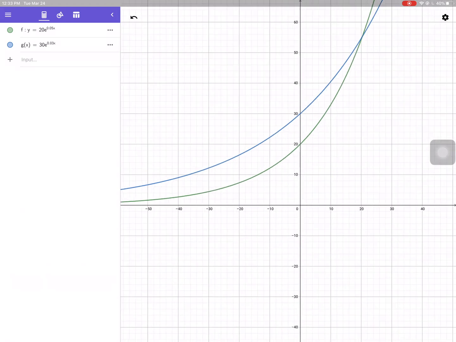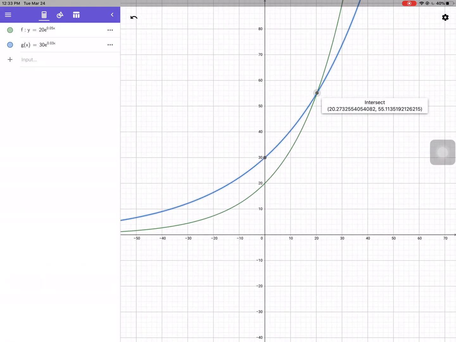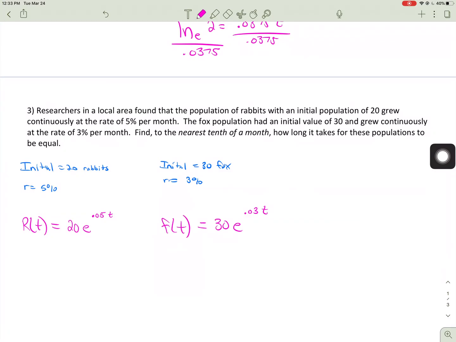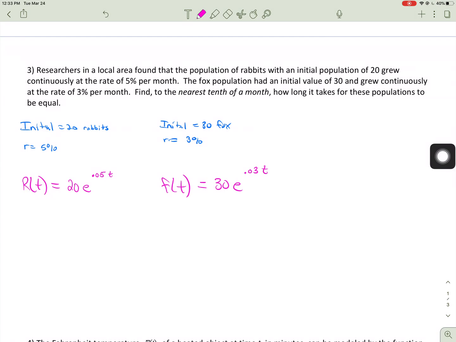I'm going to see what happens here. Okay, and where will they intersect? Right there. So when time is 20.27, they'll both have 55.11, which is kind of weird because you can't have that many rabbits, but let's say right here, 20.273. So find to the nearest tenth of a month. So you get 20.3 months.